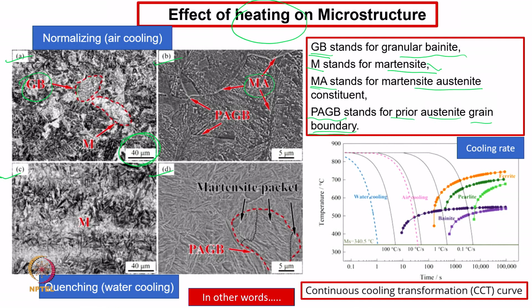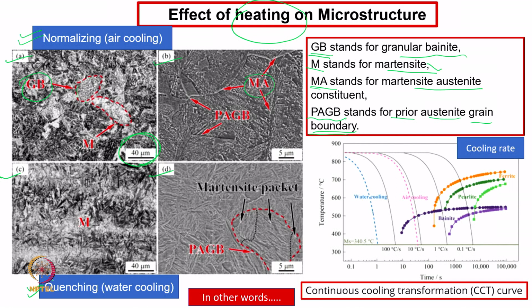Now, what is the real reason for changing from bainite to martensite? Generally after austenite, we try to go ahead with heat treatment, because austenite will not have a lot of hardness. We do normalizing, maybe say air cooling, or we do quenching also.